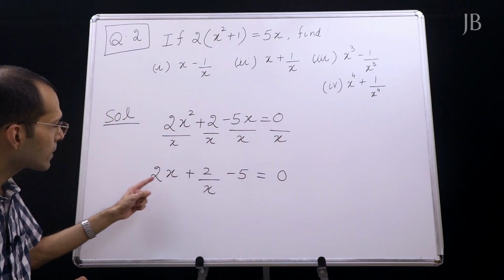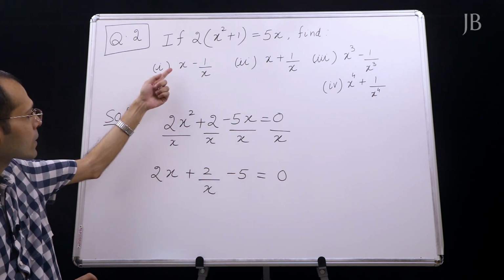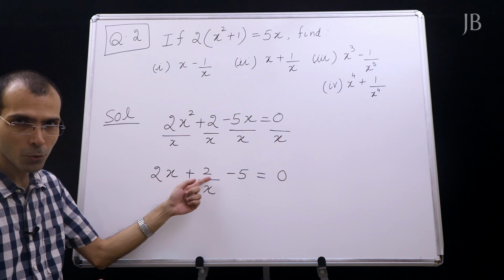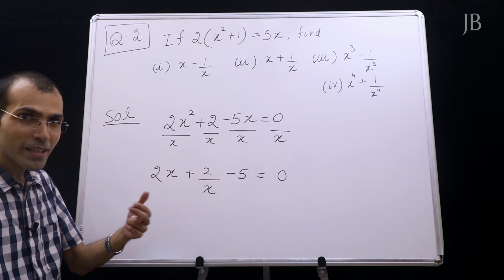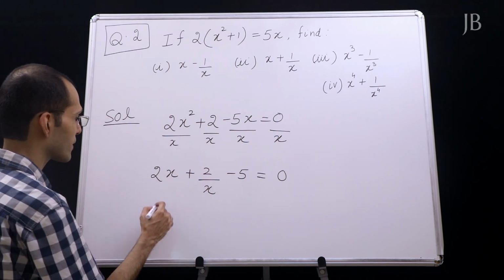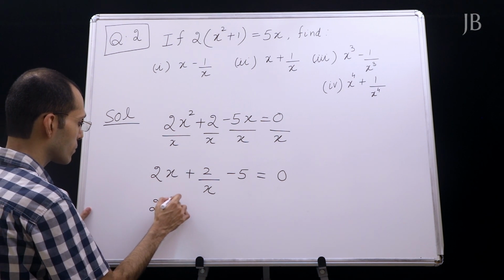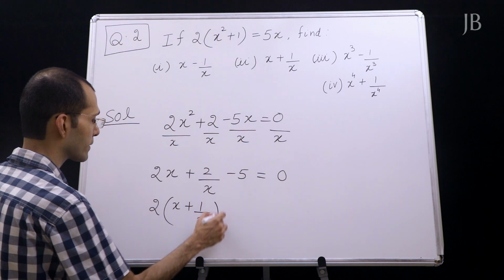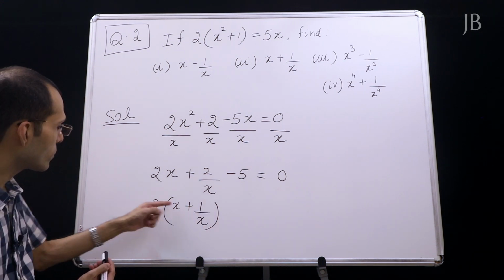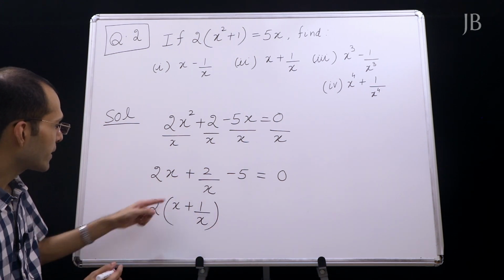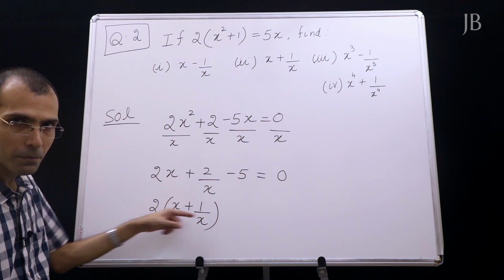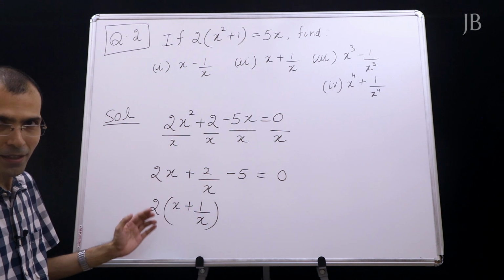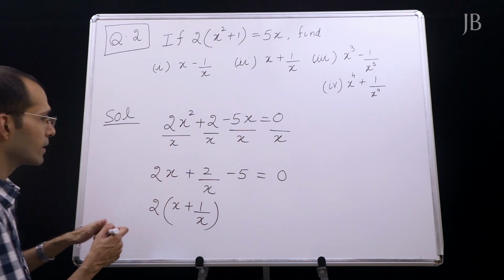Okay, see now we are coming closer and closer. We want x minus 1 upon x. Here 2 is coming, here also 2 is coming. So we can take 2 as a common factor. So 2 we can take common, we will get x plus 1 upon x, isn't it? 2 into x, 2x. And here 2 is already there, so 1 will come, 1 upon x. So now if you open this bracket, you should get back this step, and you are getting it. So we are correct.